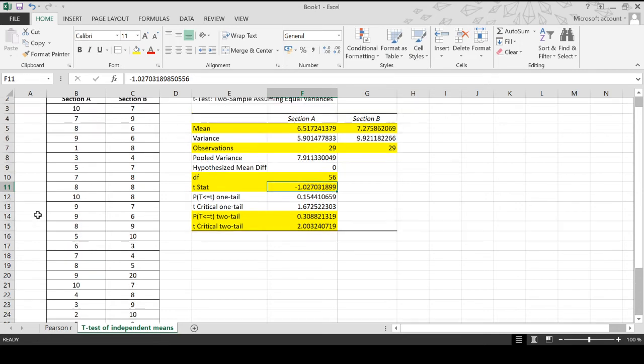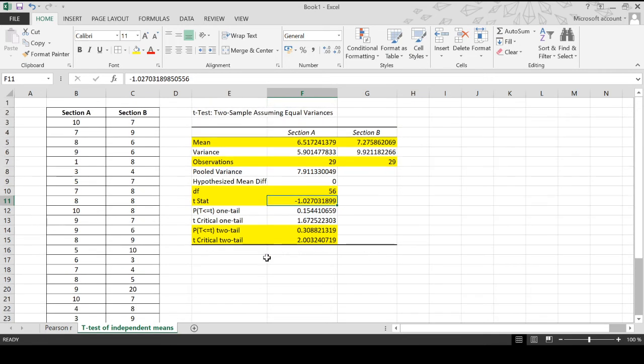So what do we mean by this if we wanted to accept the null hypothesis? If you wanted to accept the null hypothesis, then we can assume that these two sections here are comparable, or their mean is statistically similar. Statistically similar but not numerically. So we already have the statistics there.